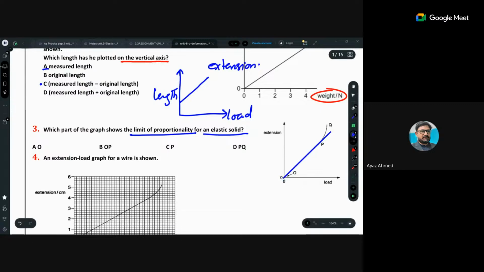Wherever the point where the ruler and the line separate, that is my limit of proportionality actually. So in this case, option C would be correct then. Is it?